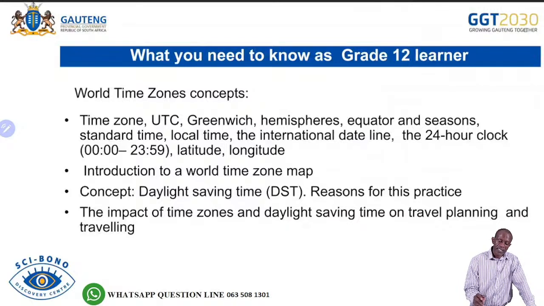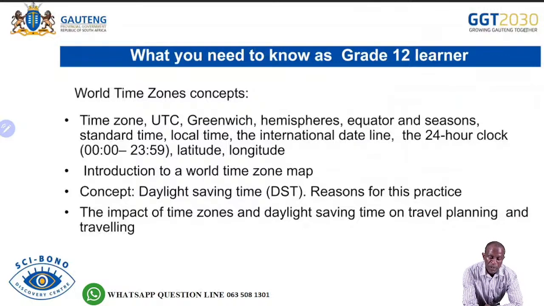We tried to cover the concepts as per your work schedule, and we have alluded to the fact that on your work schedule you'll find this on week 5, and to take stock if we have covered all these concepts.